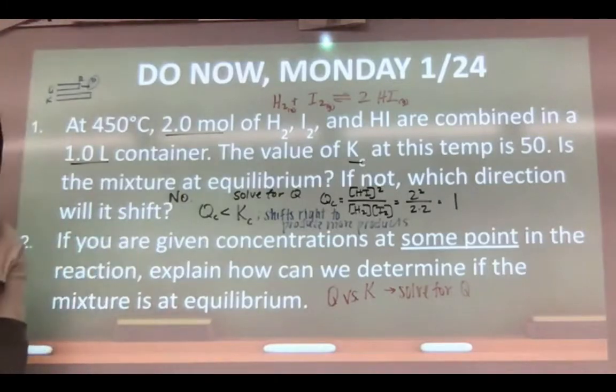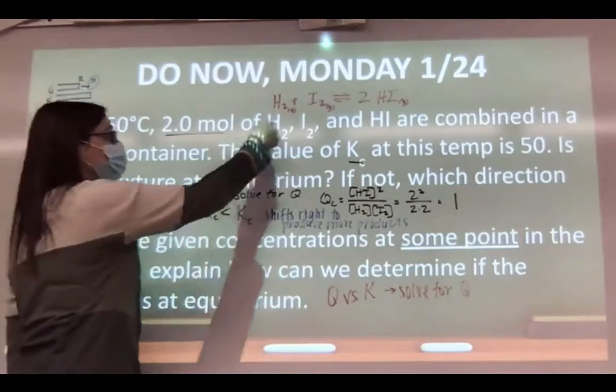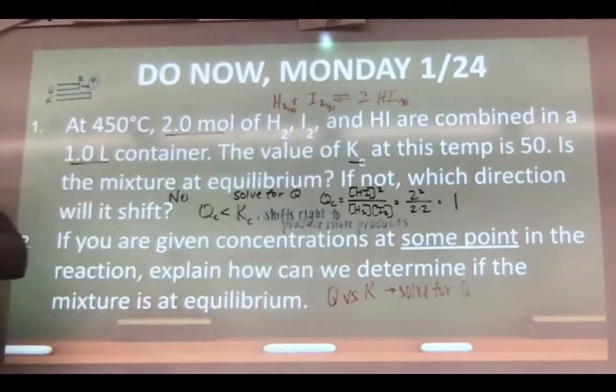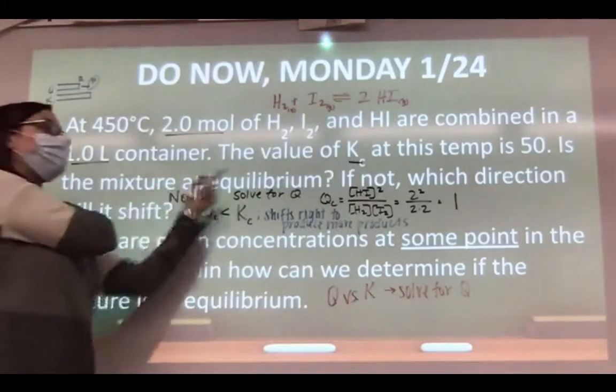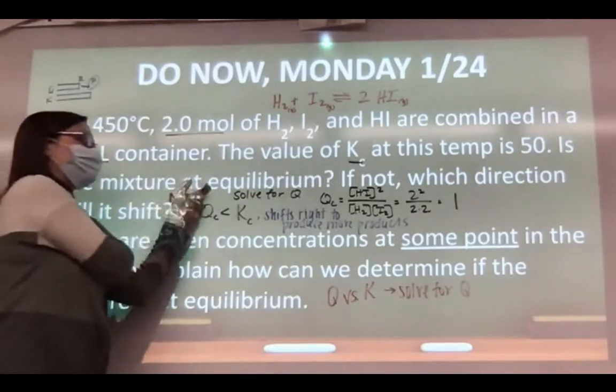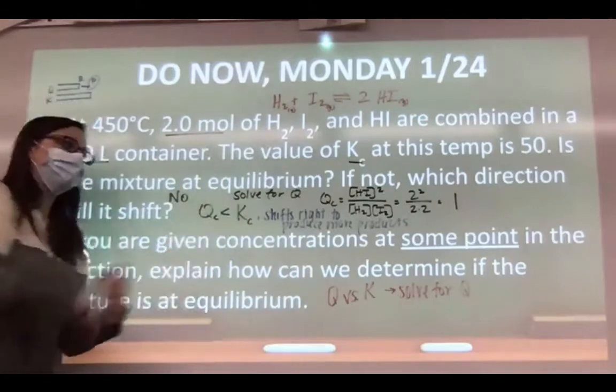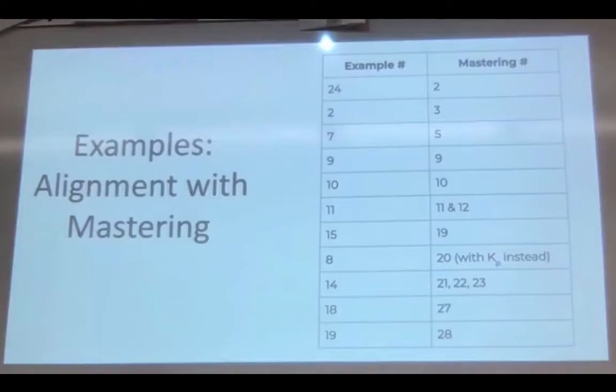That's when you'll put in X. Since we don't know if we're at equilibrium here and it just says, here's what you're combining into a container, and they give us K, they're not saying what is the equilibrium concentration, it's just asking, is it at equilibrium? So if it's just saying, is it at equilibrium when we put these into a container, that's just Q versus K. Yeah, so you'll notice that a lot of the questions in Mastering align to some of the examples that we've done.